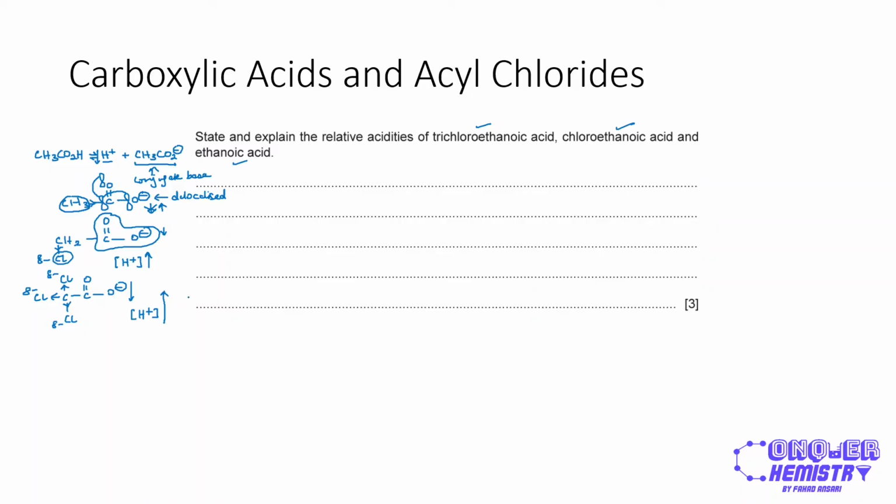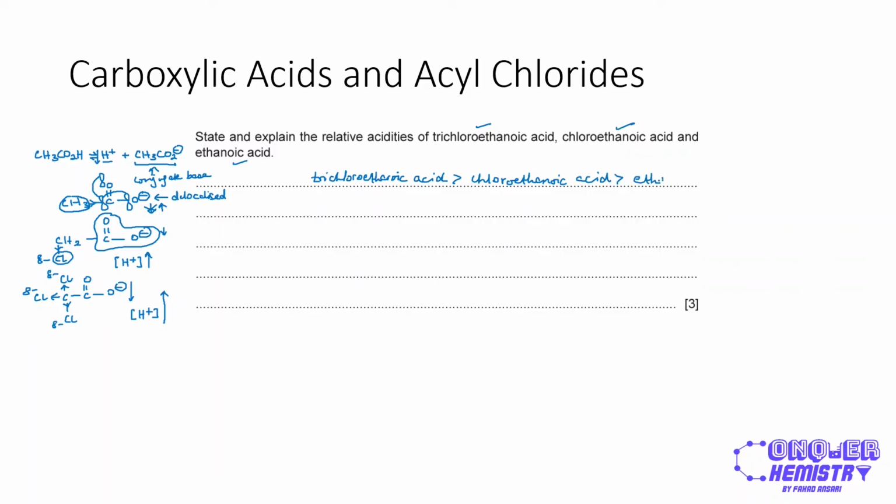So in terms of acidity, trichloroethanoic acid is the guy that takes the cake. This is followed by chloroethanoic acid, and at the end, coming in third, is going to be simple ethanoic acid.